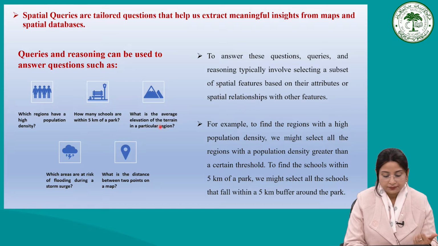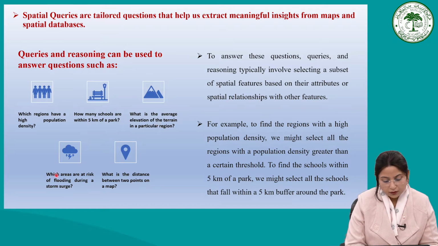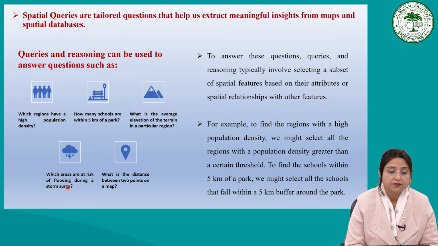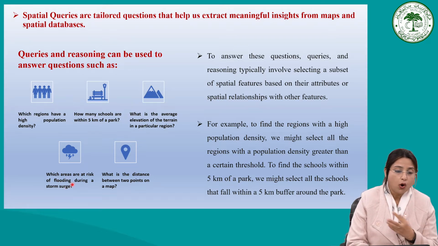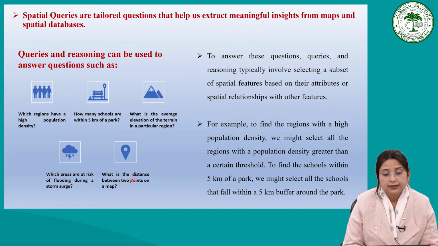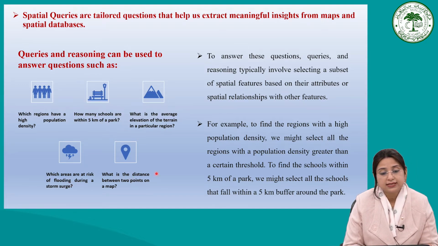Another question, for example: which areas are at risk of flooding during a storm surge? We have to include all the areas which are vulnerable to different types of storm surge. Then another: what is the distance between two points on a map?